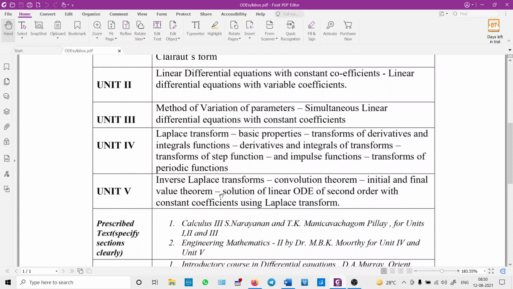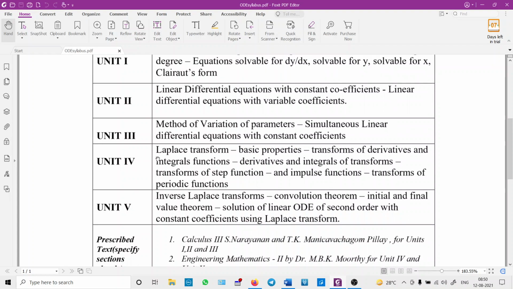Then the main application of Laplace transform we are going to study in unit number 5. Thus, we are going to solve the differential equation using a new technique, the transform. Using the transform technique, we are going to study how to find the solution of a linear ordinary differential equation of second order with constant coefficients.